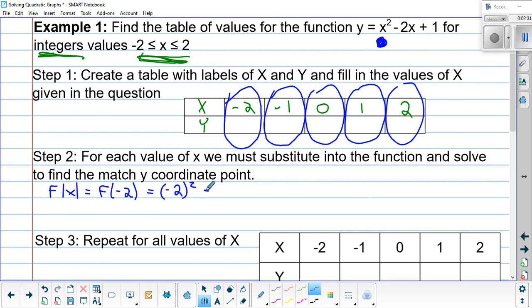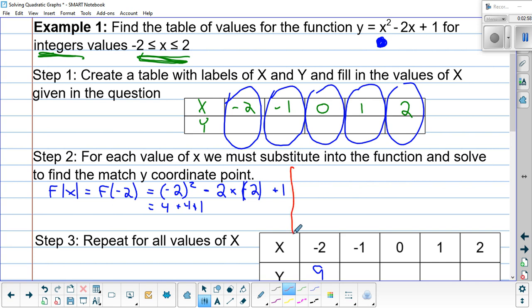Then I'm minus 2, because that's already there. Then I'm timesing it by negative 2, because that's what I substituted in for that x. And then plus 1. So here, I'm going to get 4 plus 4 plus 1, so I can substitute in my 9.